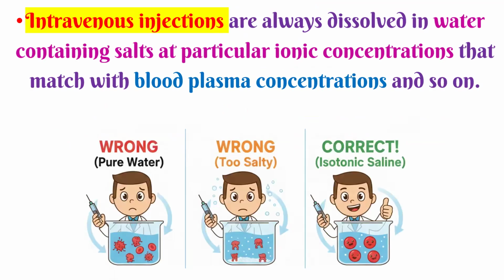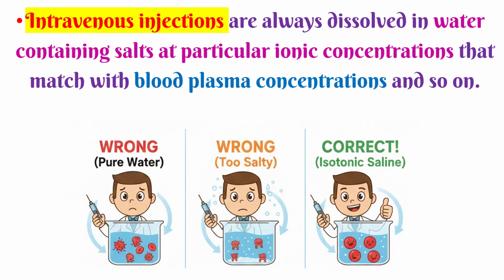Now next, intravenous injection. You might have heard about IV injections. These are always dissolved in water containing salts at a particular ionic concentration, so they match the blood plasma concentration. When they get into our body, it should match the blood plasma concentration, right?